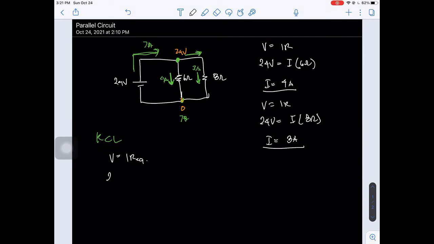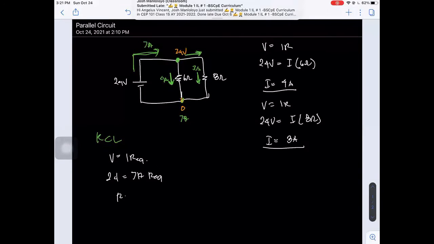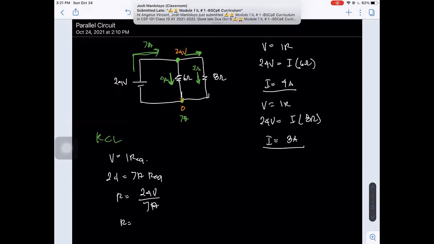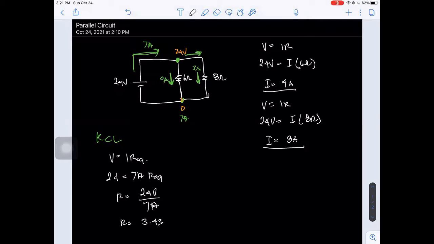We have 24 volts, the total current flowing in the circuit, which is 7 ampere, and the equivalent resistance. So we have 24 volts over 7 ampere, and R is equivalent to 3.43 ohms.